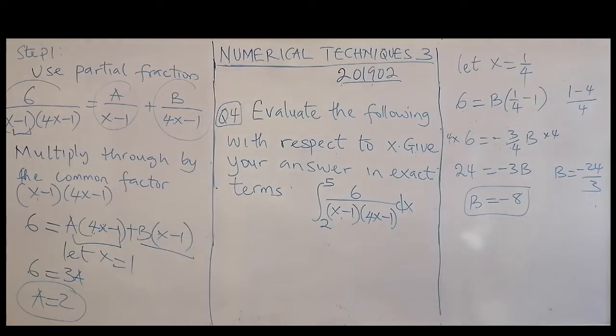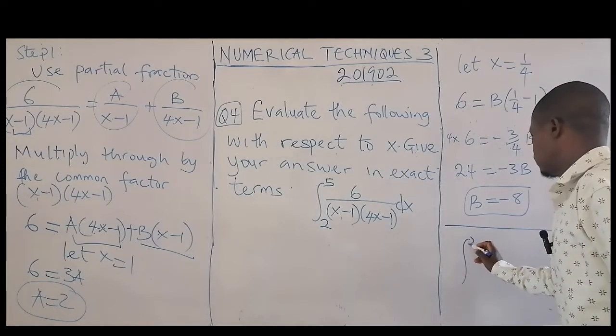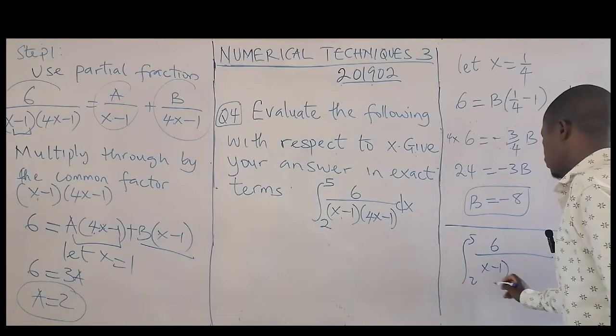Okay, we've gotten B now. Then we can go back to the integration and do what is needed. We should not forget the question: the integral from 5 to 2 of 6 over bracket x minus 1 into 4x minus 1.